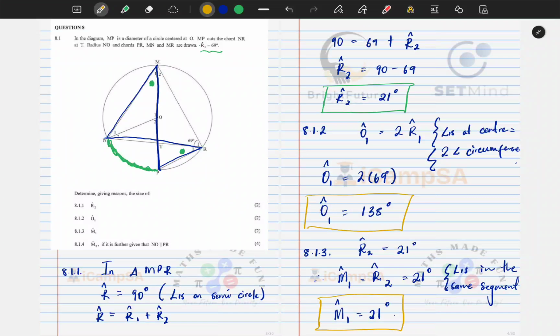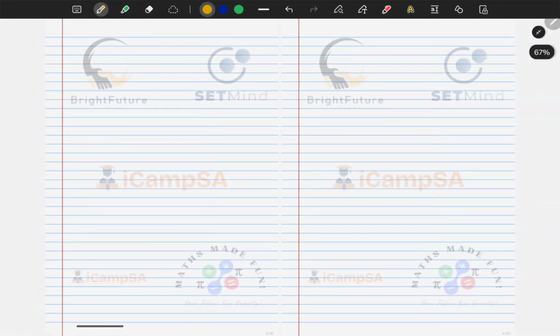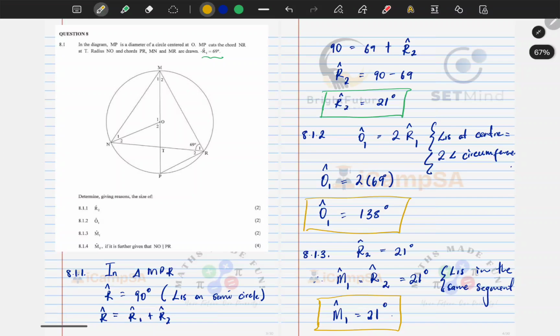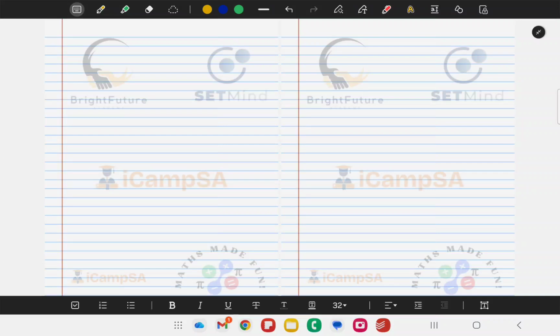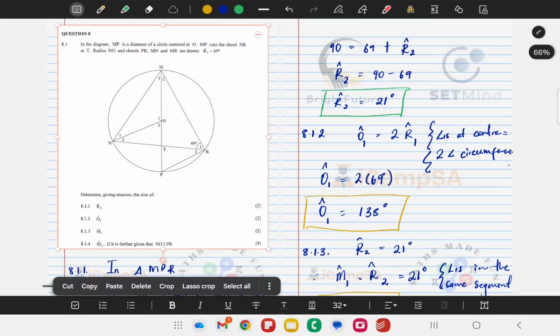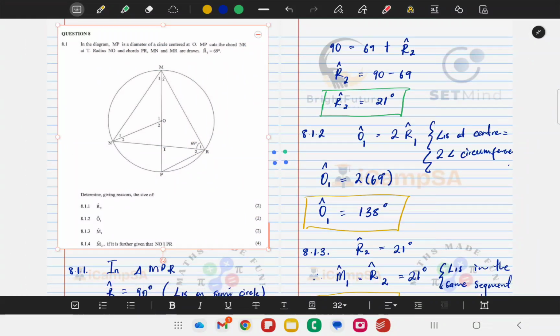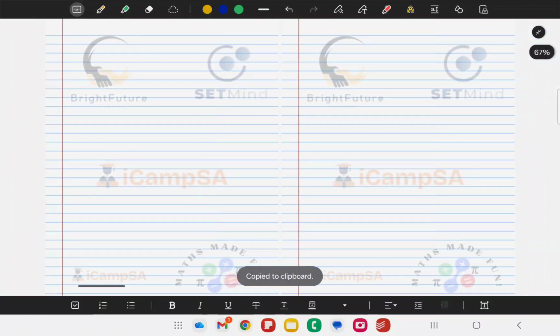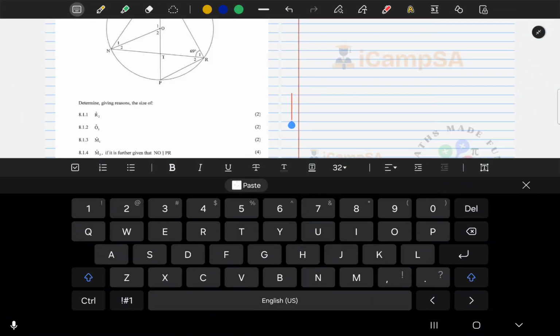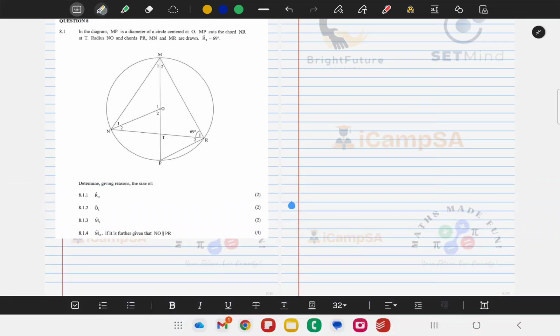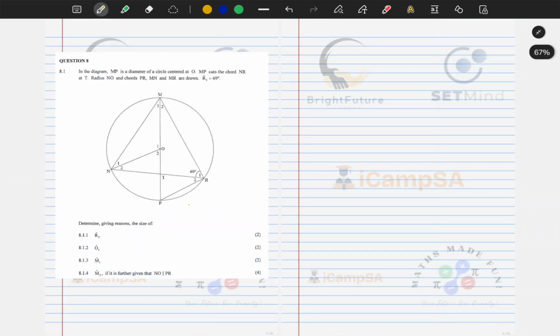Great. So now let's look at the last question, which is 8.1.4. Right, so I think we're gonna need space. So this is what we can do. Because we need space, so we're just gonna copy this, come here and paste it, and then we can continue, right?